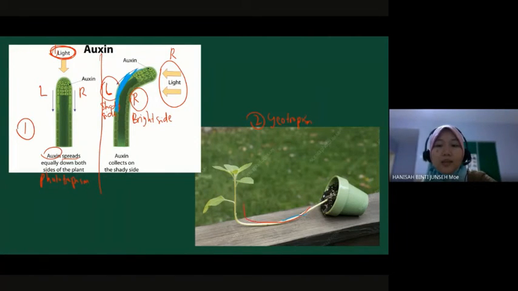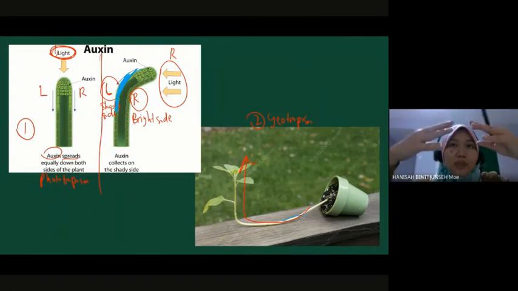This is because during phototropism, auxin goes to the shady side. When we discuss in terms of geotropism, auxin will be pulled by gravity.